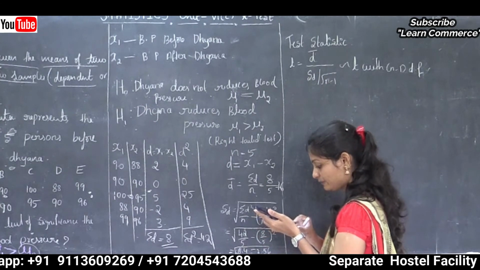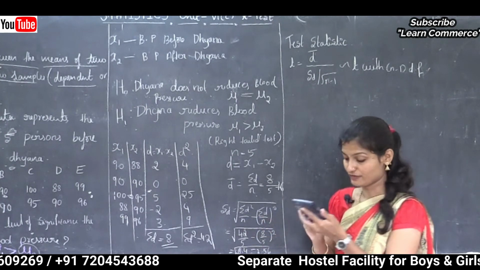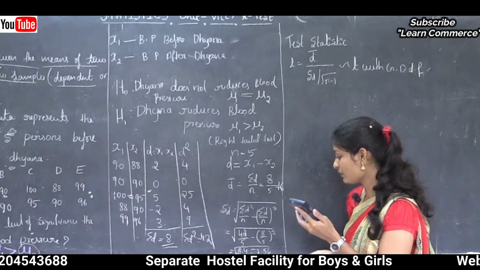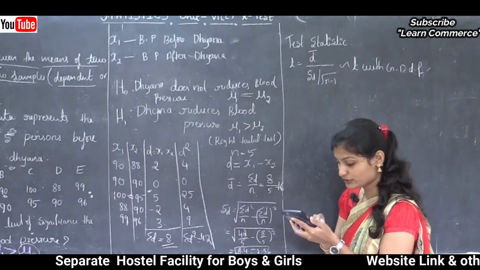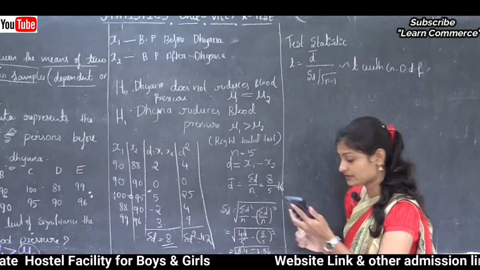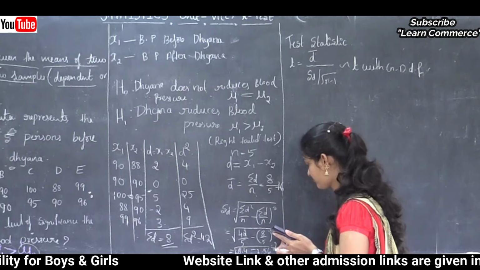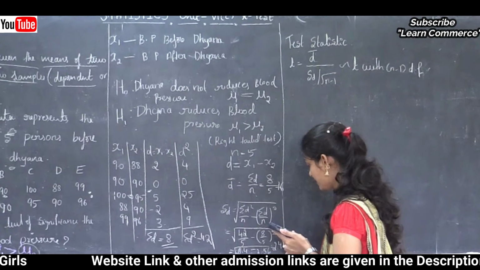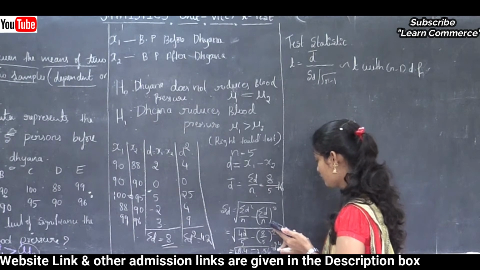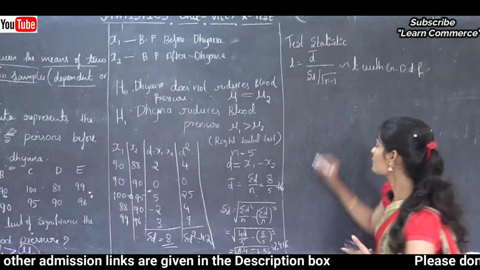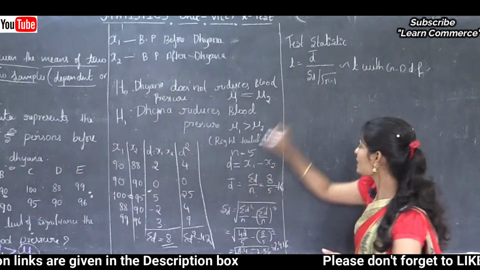Next 8.4 minus 2.56 is 5.84. Then the square root of that answer is 2.416. So I will substitute these values into the formula.